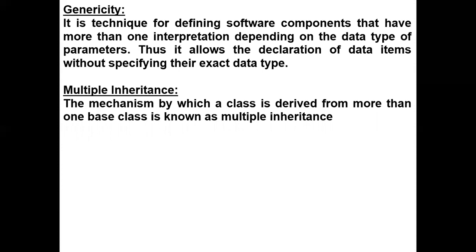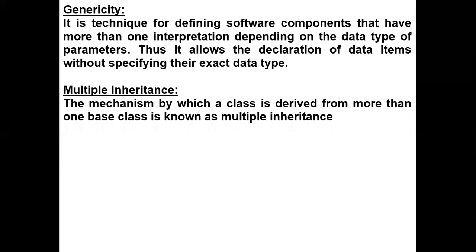If one parent has four children, that is hierarchical inheritance. But if there is one child and more than one parent, means mother, father and so on, then we call it multiple inheritance. Means a class is derived from more than one base class.